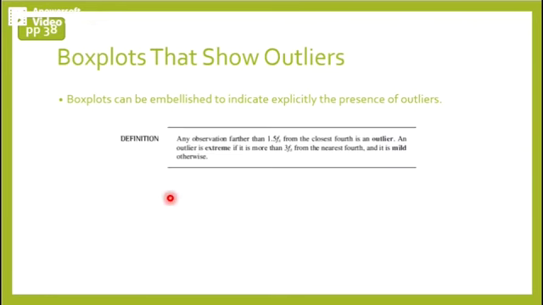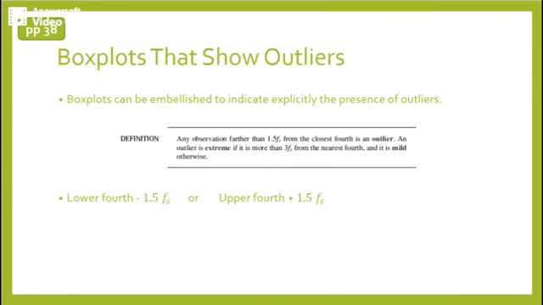Any observation further than 1.5 times the fourth spread, or the interquartile range, from the closest fourth is an outlier. An outlier is extreme if it's more than 3 fourth spreads from the nearest fourth, and is a mild outlier otherwise. So let's see what that means.